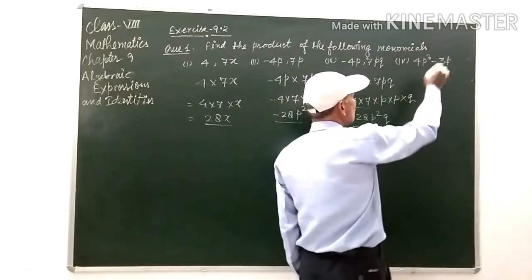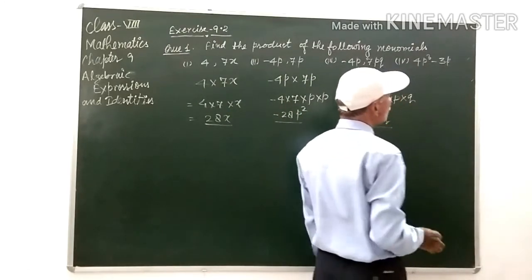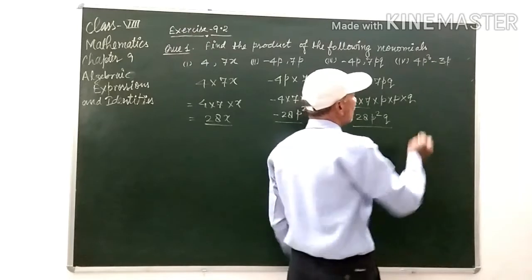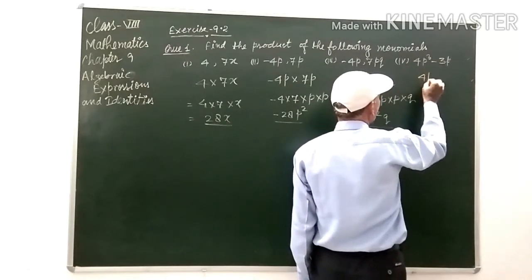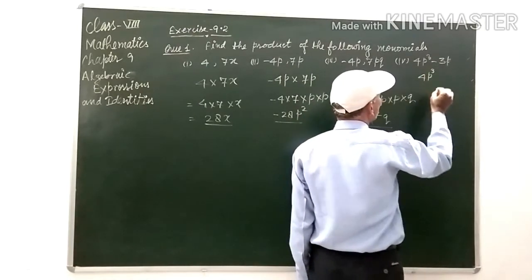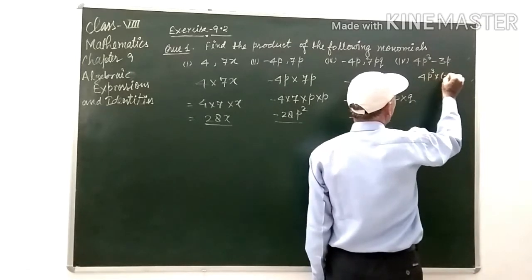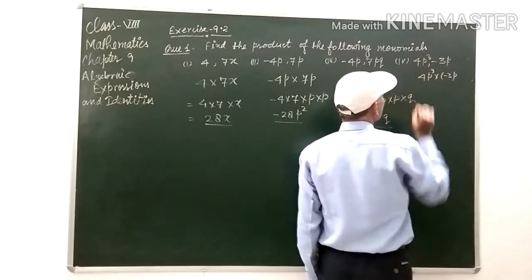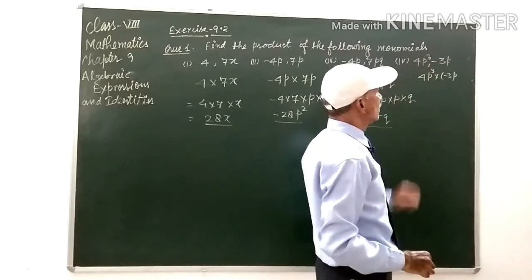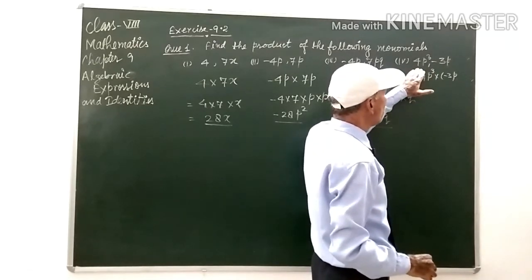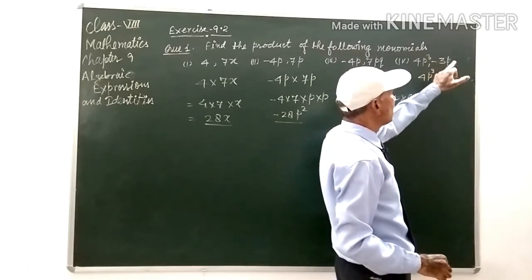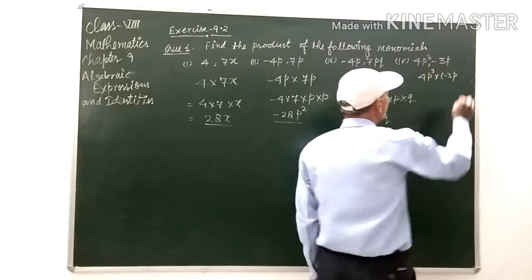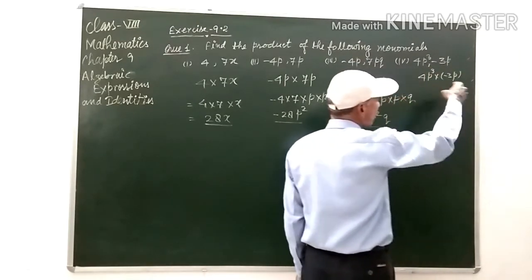And this part, 4p cube, minus 3p, so 4p cube into minus 3p. Students, these are two terms. This 4p cube, this one minus 3p. So you have to find the product of these.